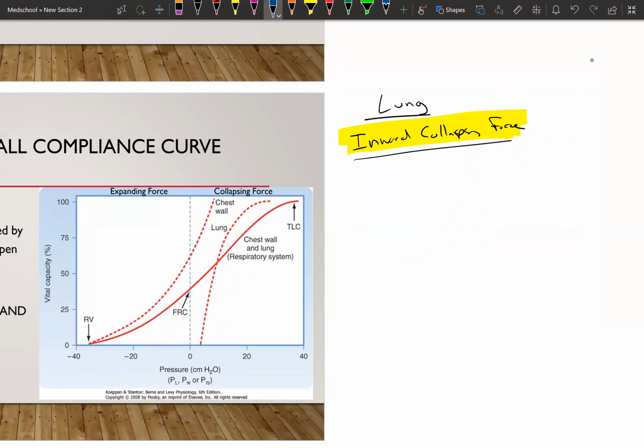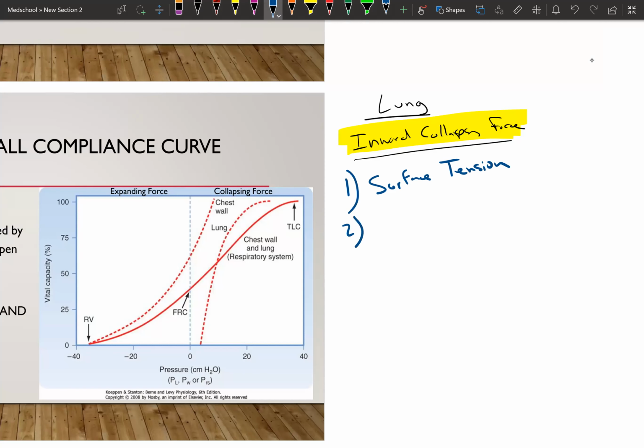One is surface tension. Surface tension causes the lung to recoil inward, always, no matter what.